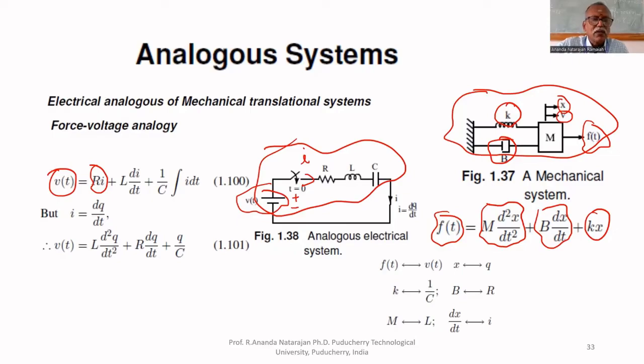That's why V of t you can write positive. If you travel along the current direction, you put minus Ri, minus L di by dt, because the potential drop across the inductor is L di by dt.